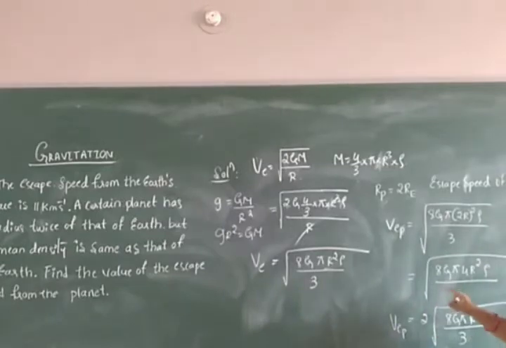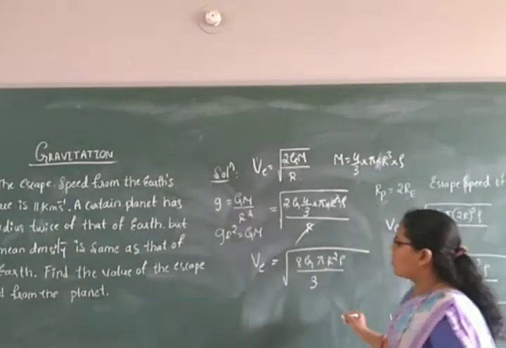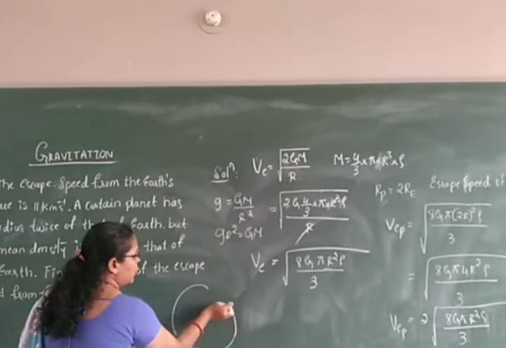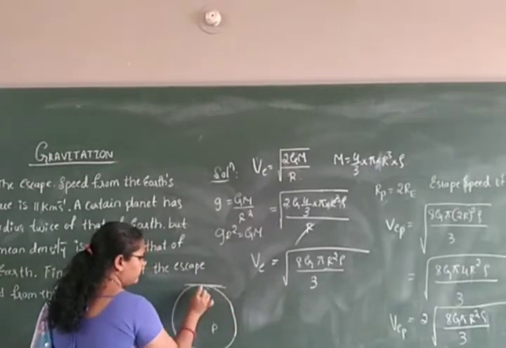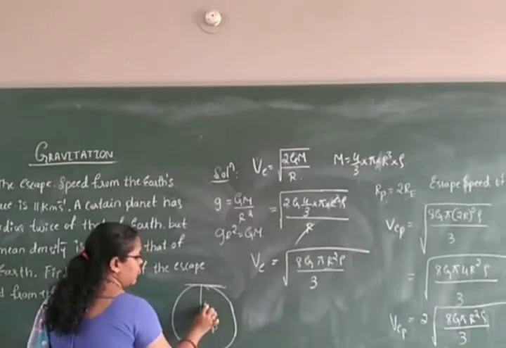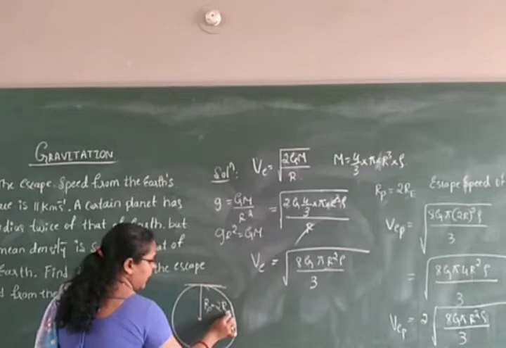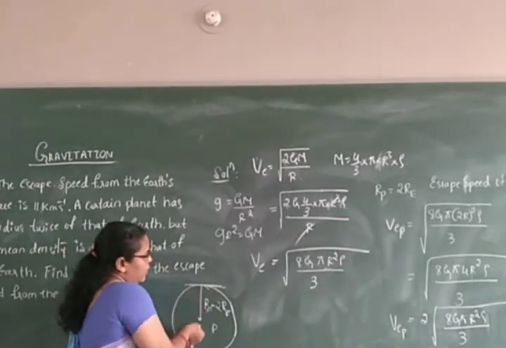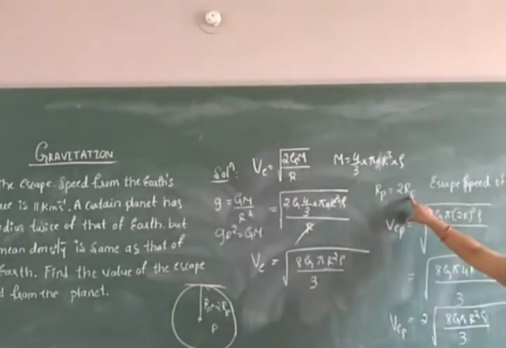So if you go ahead with the planet, what is given here? The radius of the planet. You just draw the diagram here. If it is a planet, its radius is twice RE, the radius of the earth. So in place of R, the radius of the earth, you just place the radius of the planet.